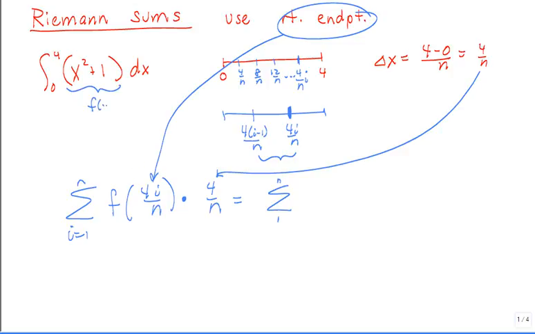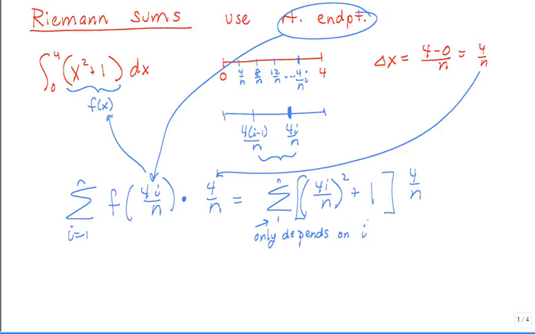This is f of x, so we plug that back in, and we get (4i over n) squared plus 1 times 4 over n. Now this sum only depends on i, so all the n's can come out front. So this 4 over n can come out front.